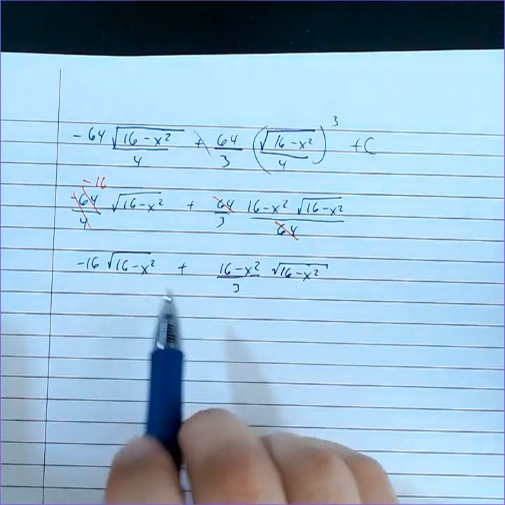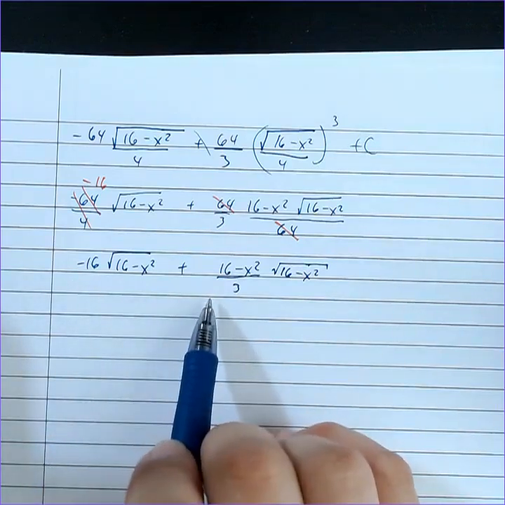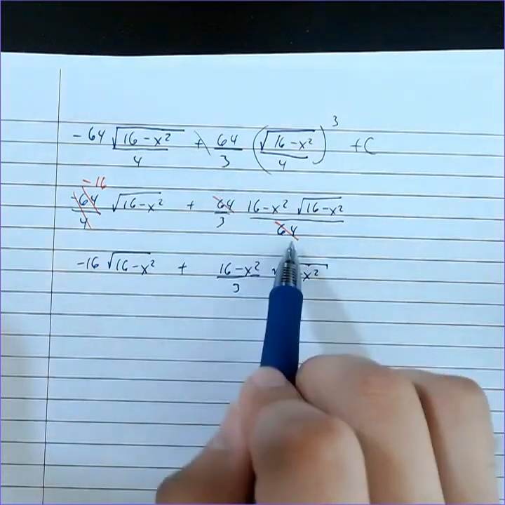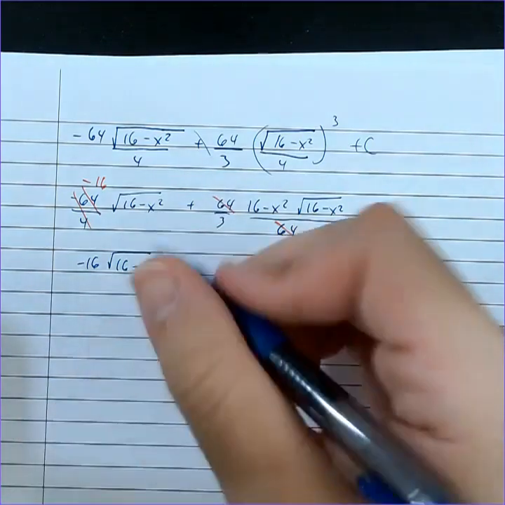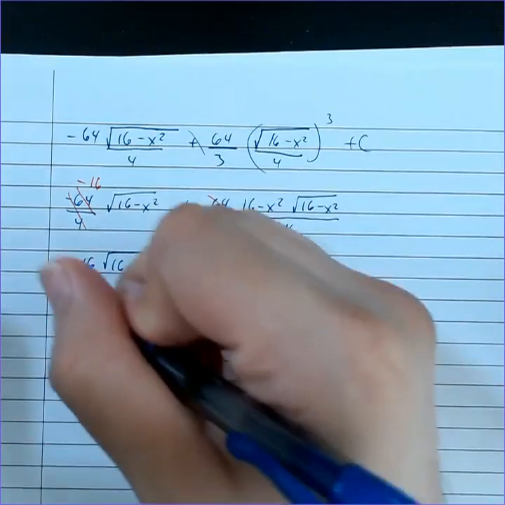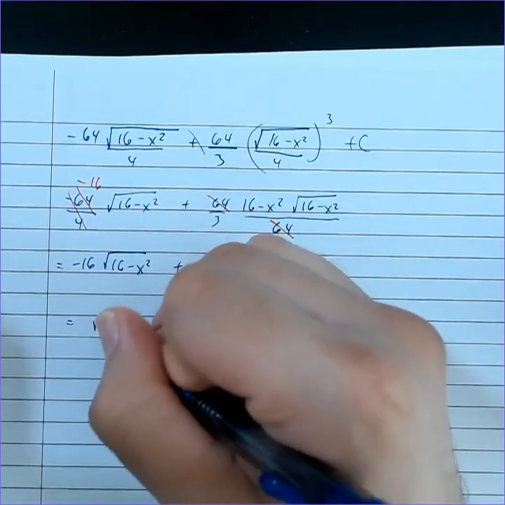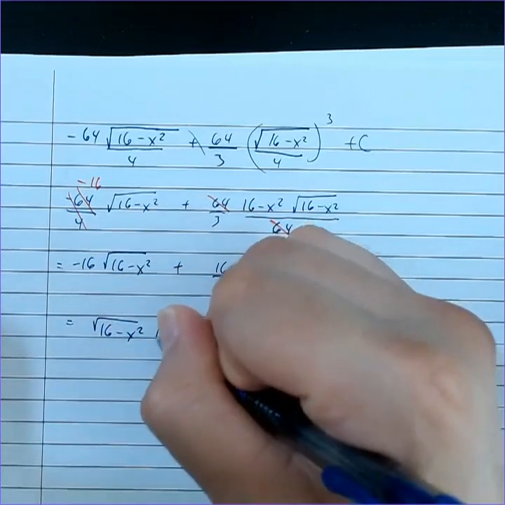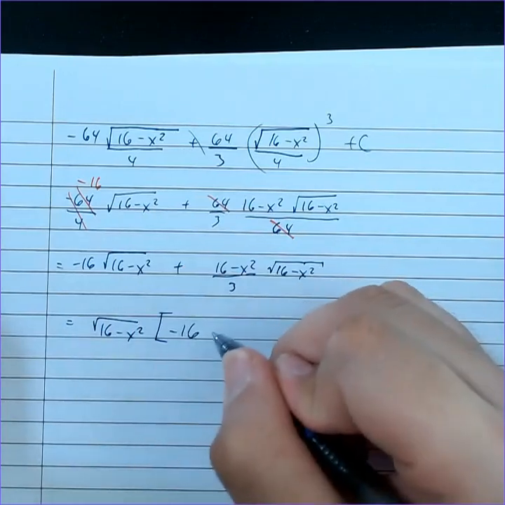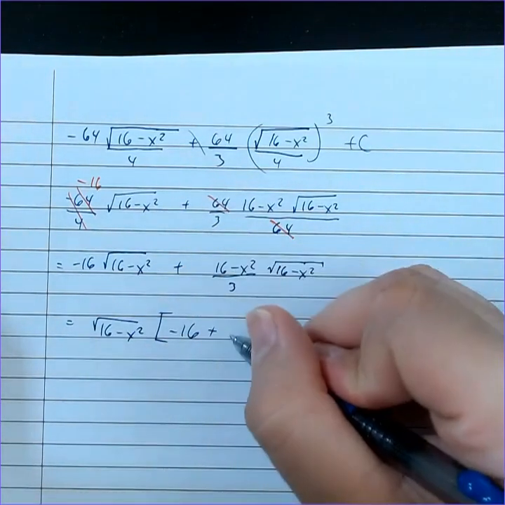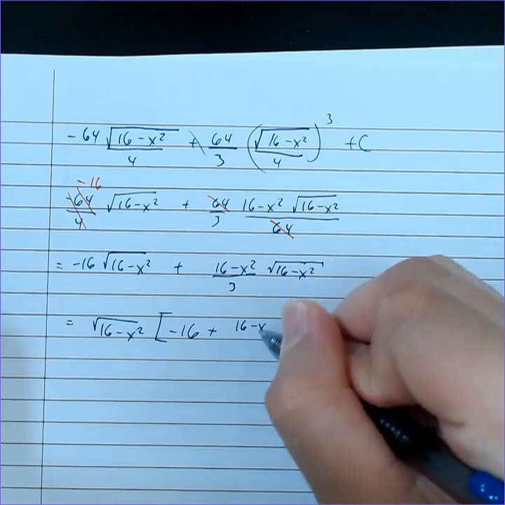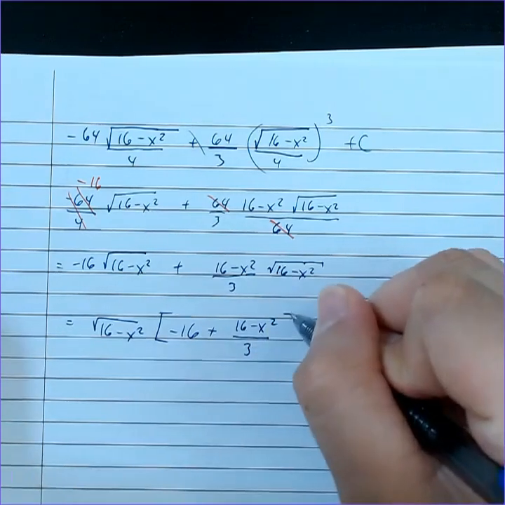So it looks like I don't have 16 as a common factor to the entire expression. Since that is completely gone, here I only have this as a common factor. So I can write that as square root of 16 minus x squared times negative 16, that's been factored out, and then that's been factored out, leaving us 16 minus x squared over 3.